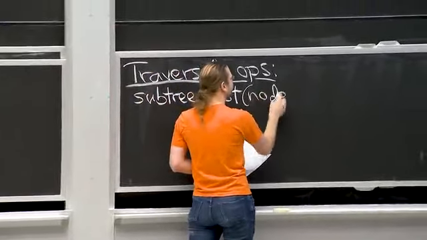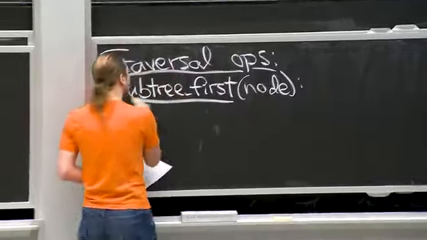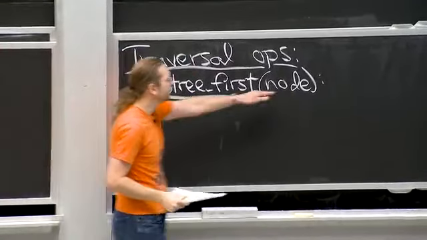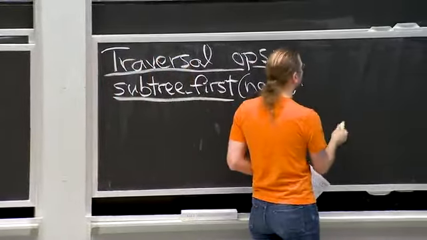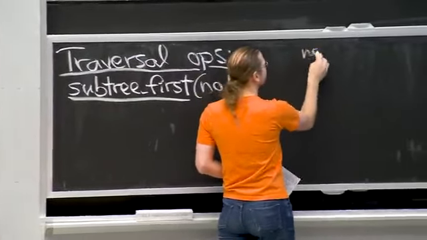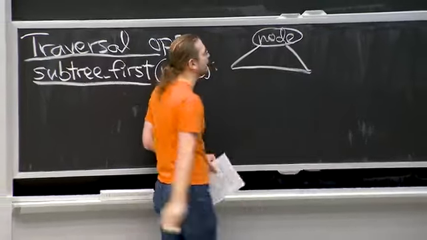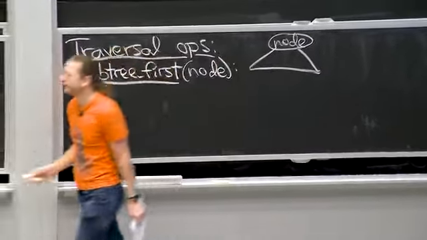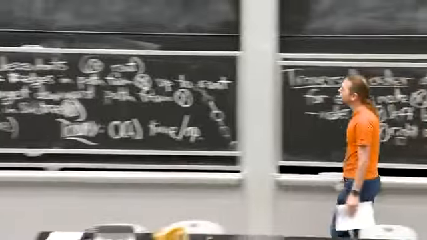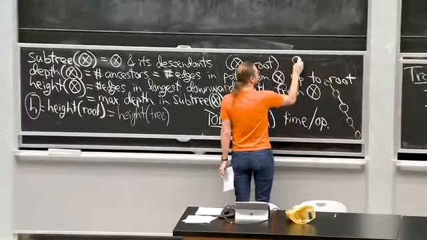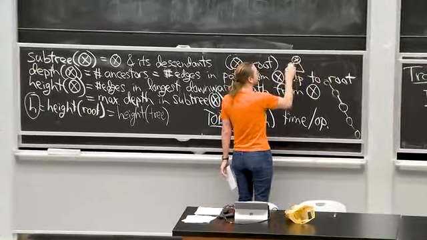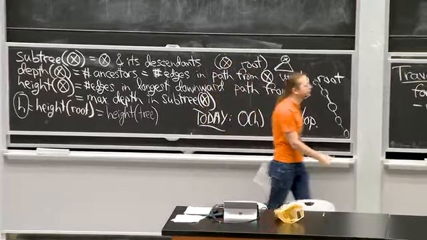Given a node, which I'll call node, this defines a subtree, which usually we draw as a triangle hanging off of the node. So here I would write x, and then there's some subtree of all the descendants of x.